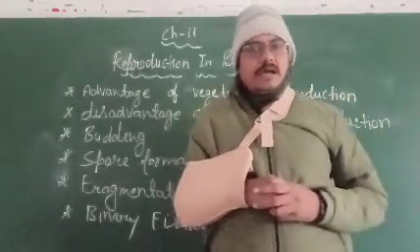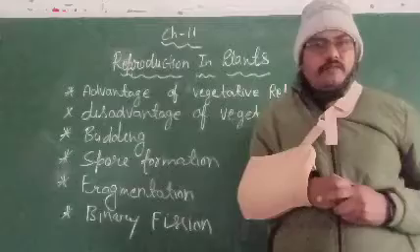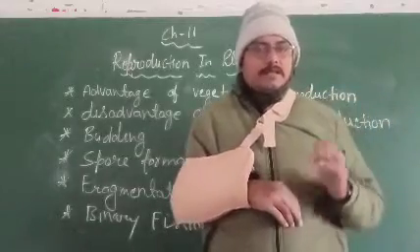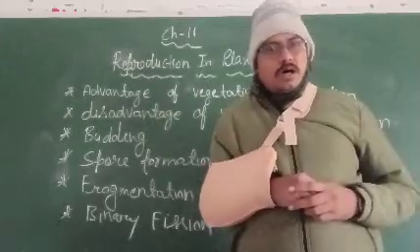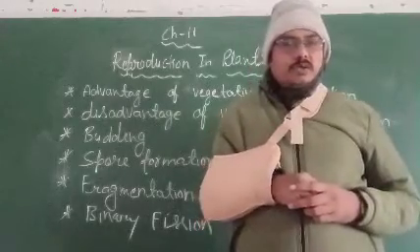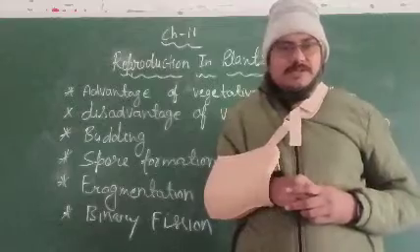This is the second advantage of vegetative reproduction. Again, the plant grown from its parts grows earlier compared to the plant that grows from seeds.